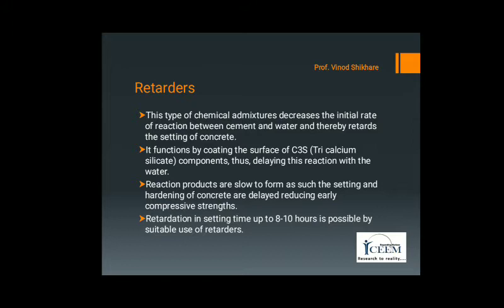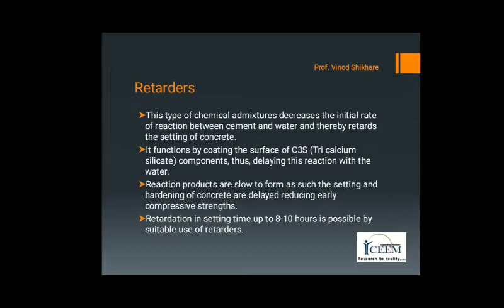Reaction products are slow to form, as such the setting and hardening of concrete are delayed, reducing early compressive strength of the concrete. Retardation in setting time up to 8 to 10 hours is possible by suitable use of retarders.